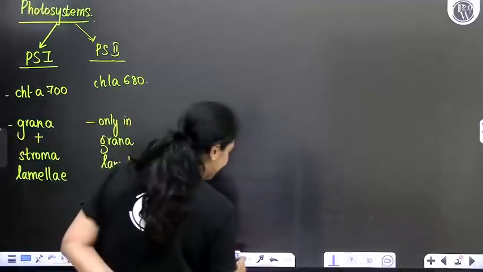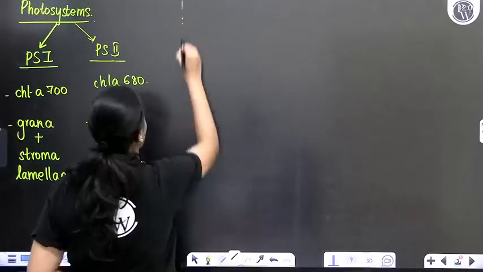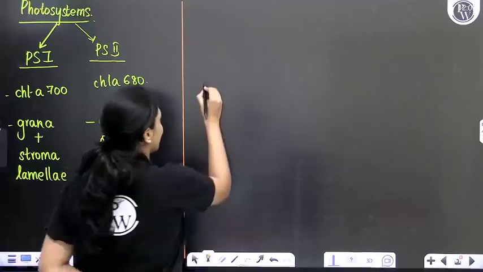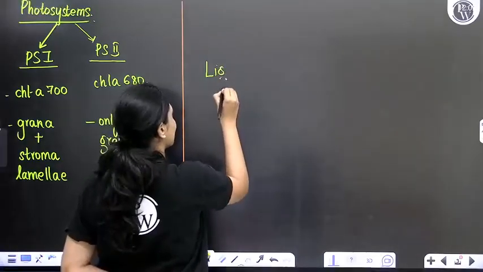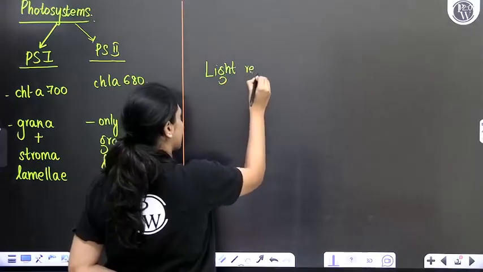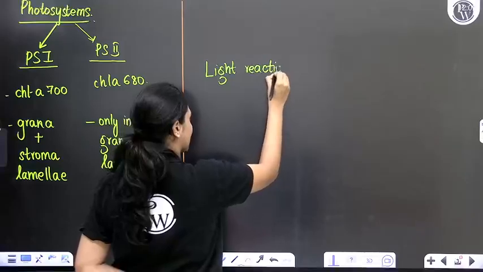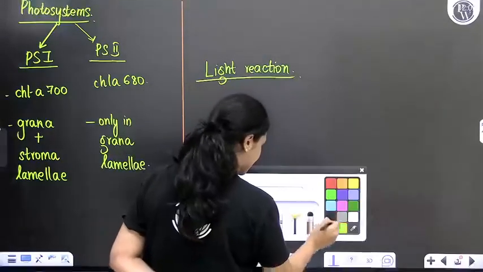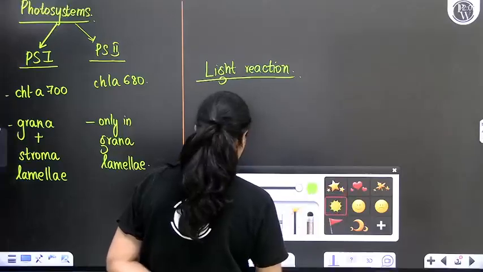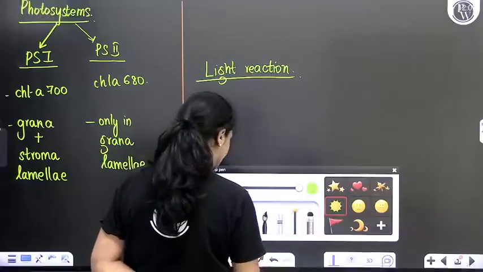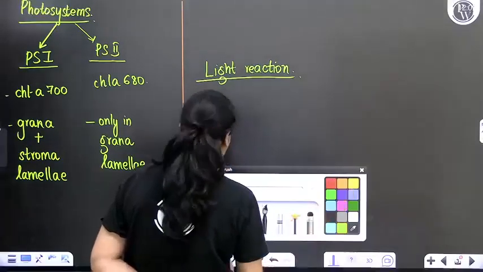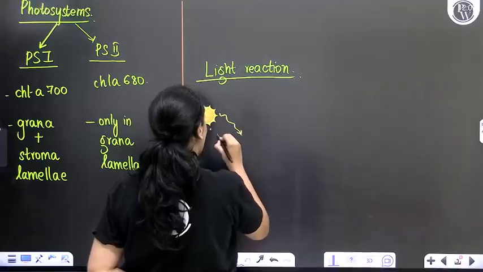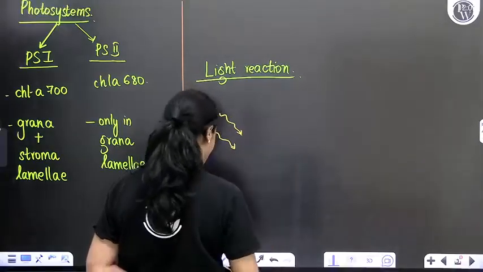So what exactly happens during light reaction? Let's understand that. During the light reaction, sunlight is utilized. Utilizing the energy of sunlight, it might seem repetitive, but I want you to remember what you've learnt earlier.